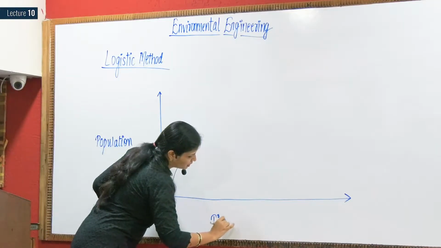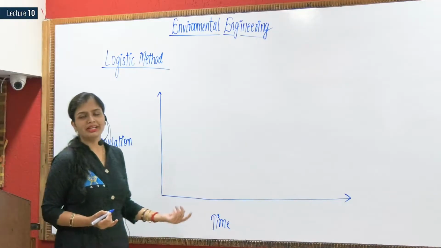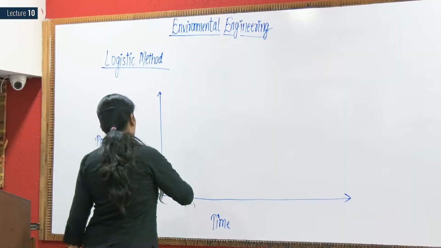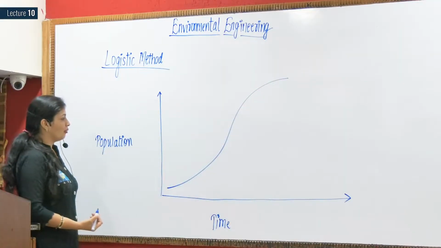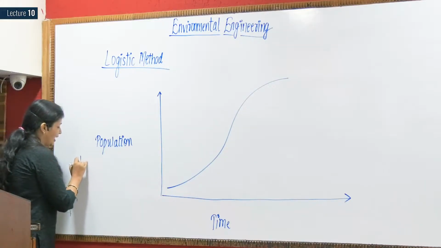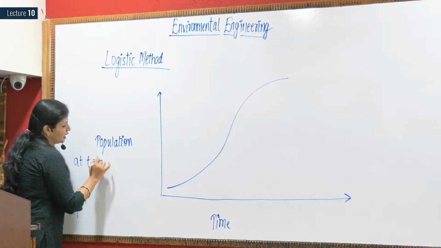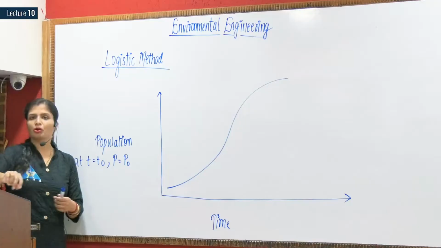This variation of population with respect to time follows sort of an S curve, right? Now, at time t is equal to t naught, the population p was p naught. So let us plot this.